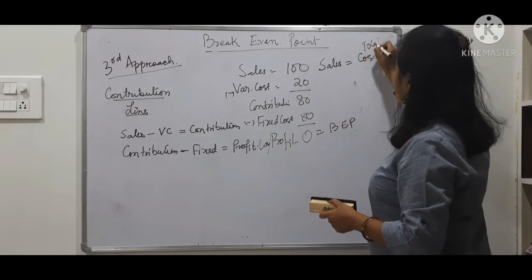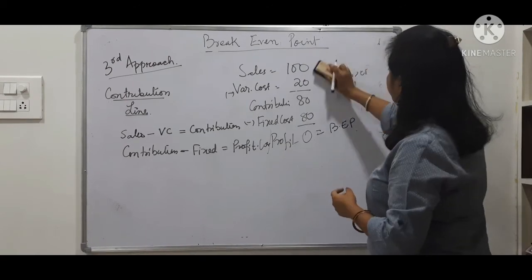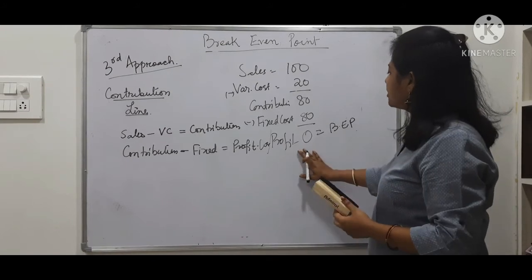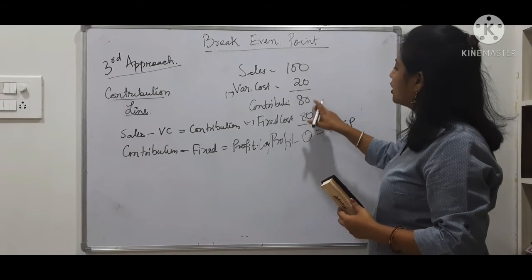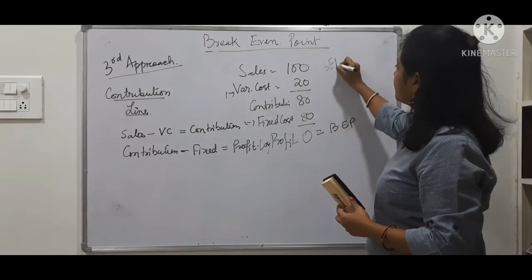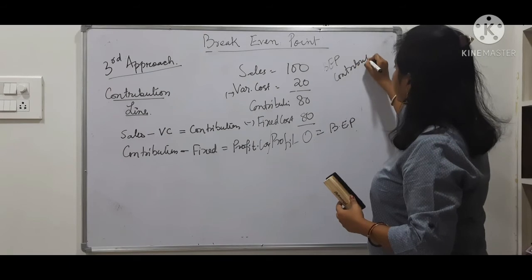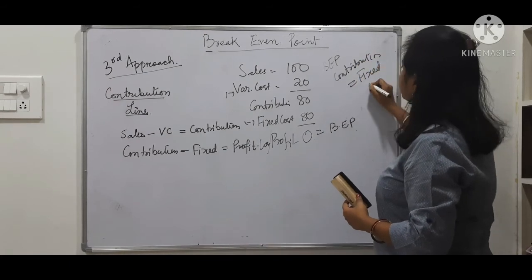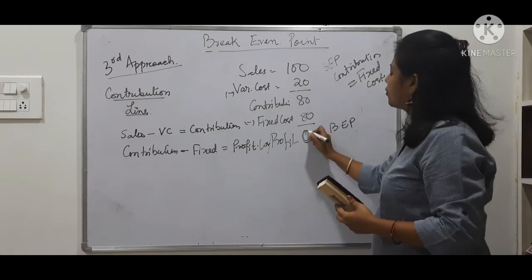But now I am saying break-even point is also a point where your fixed cost and contribution are the same, because after meeting the fixed cost you don't have any margin for profit.